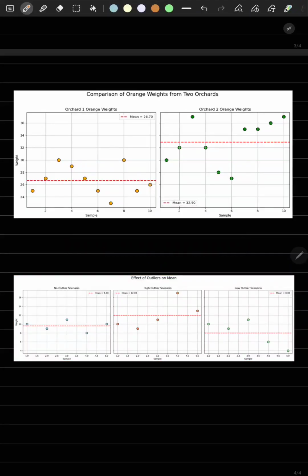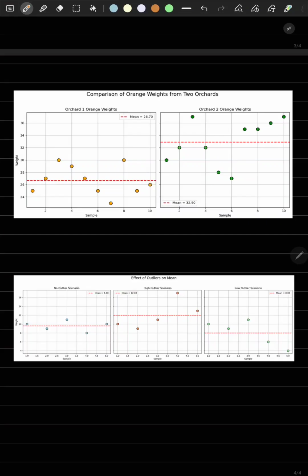Let us see some plots now. First plot demonstrates the weights of oranges from two orchids, the orchid example that we saw. So the left plot demonstrates the weights of oranges from orchid 1. The right plot demonstrates the weights of oranges from orchid 2.